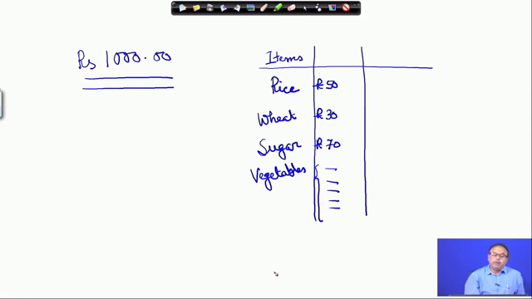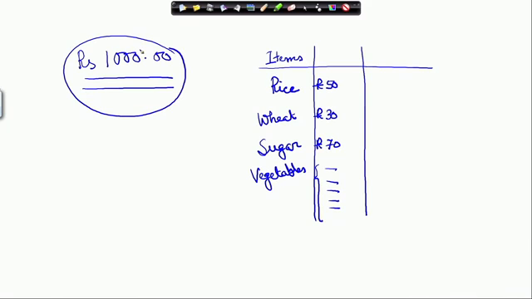Now, suppose you have been told that you have been given this amount of money and you have to buy the maximum amount of rice possible. The maximum amount of rice possible. So, with 50 rupees you can have 20 kgs of rice, but there is a constraint.